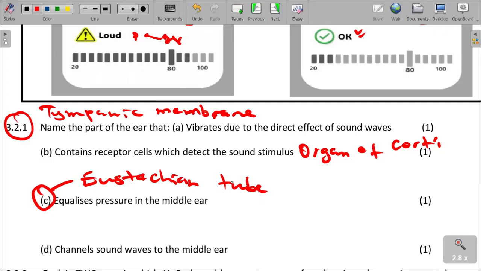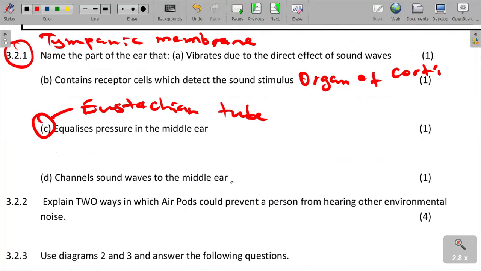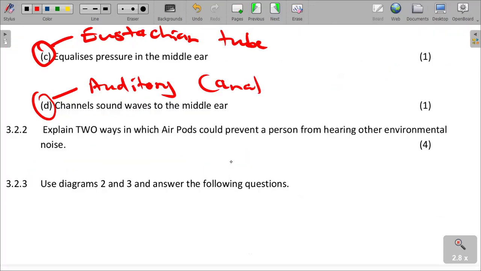It helps to equalize pressure there. Channels sound waves to the middle ear. It is the auditory canal. It is responsible for that.